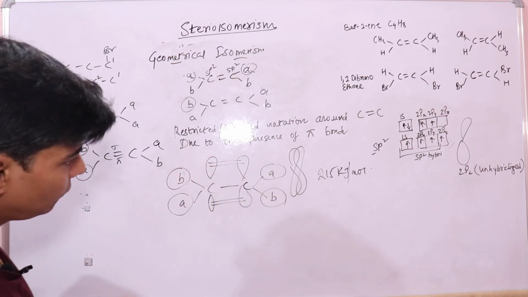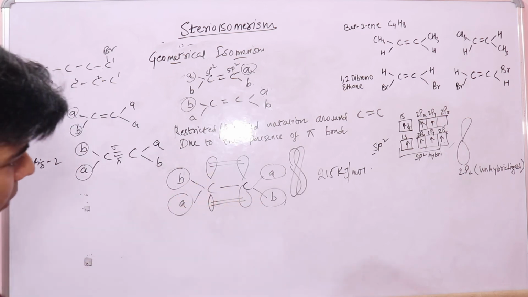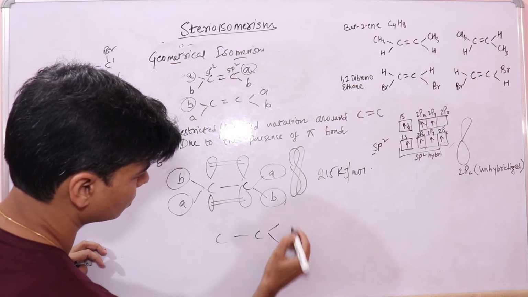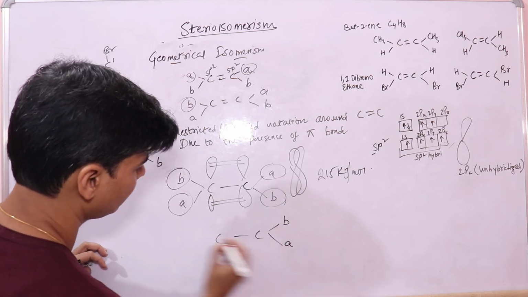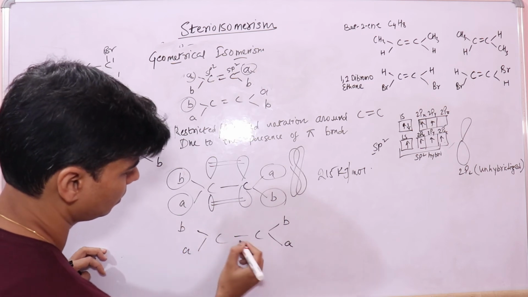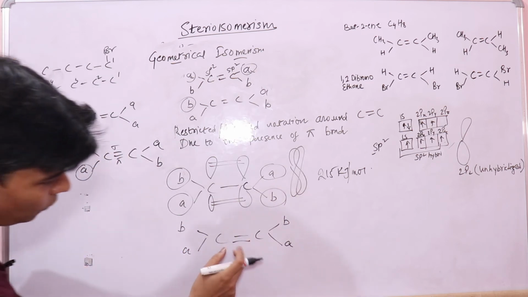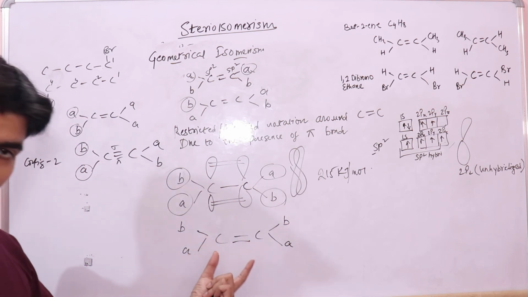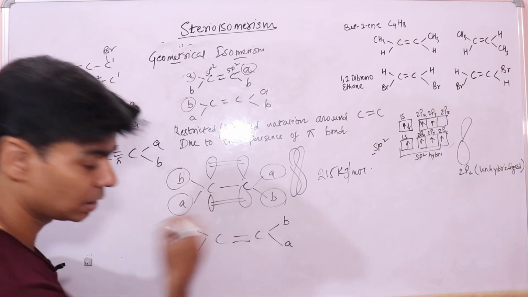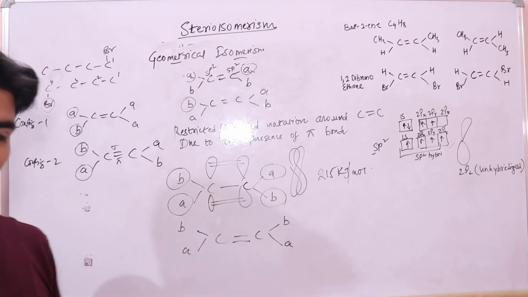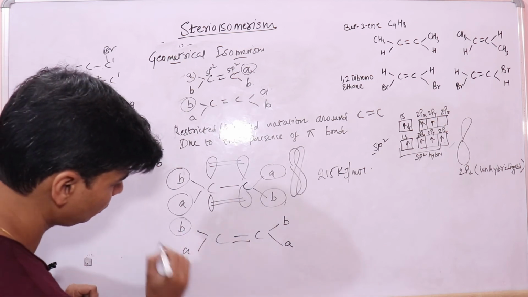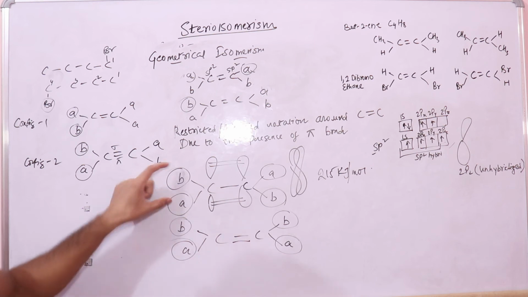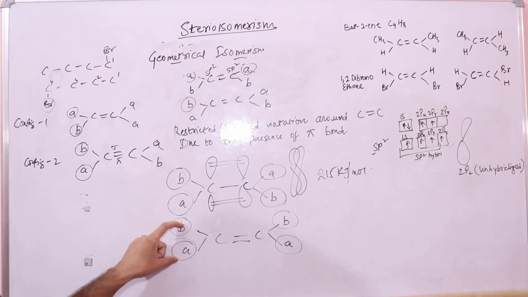Similarly, if I have this other isomer, here also you have one pi bond, so this molecule also cannot rotate around the carbon carbon double bond due to the presence of this pi bond. So here also the position of atoms is fixed.